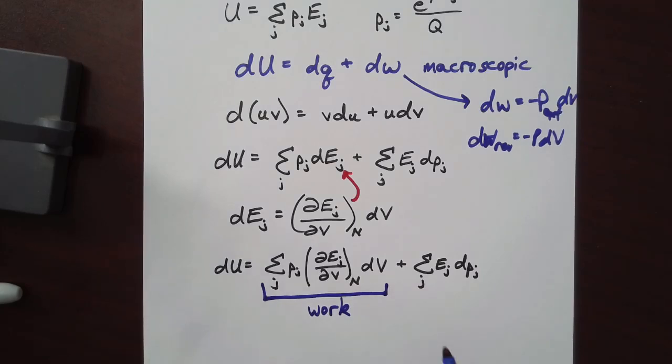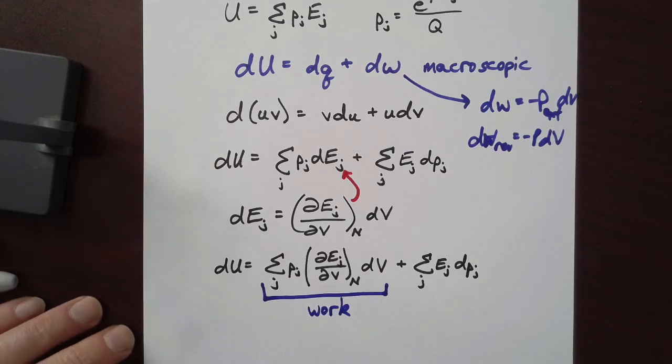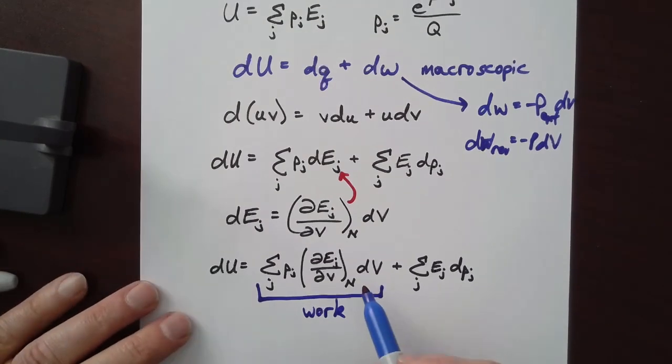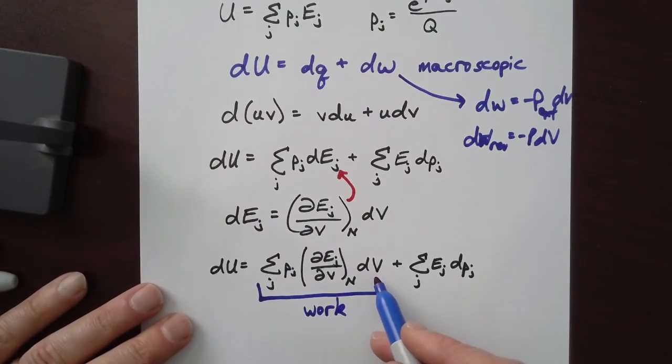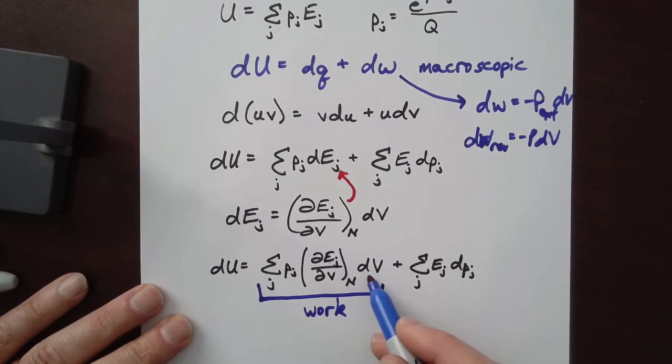Well, let's see if we can understand what this means. What happens when I change the volume? So this is a change in volume. Well, this tells me the slope, right? So what happens when I change the volume? I'm moving energies.